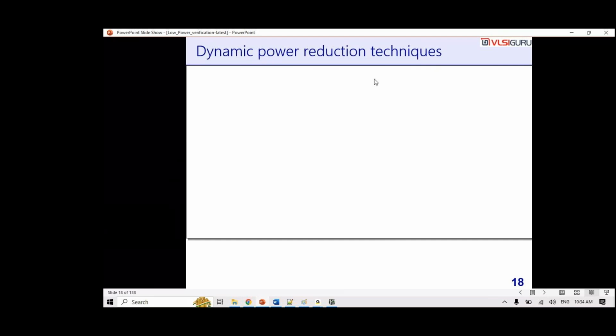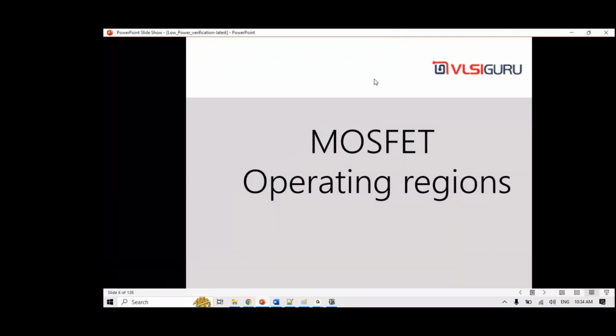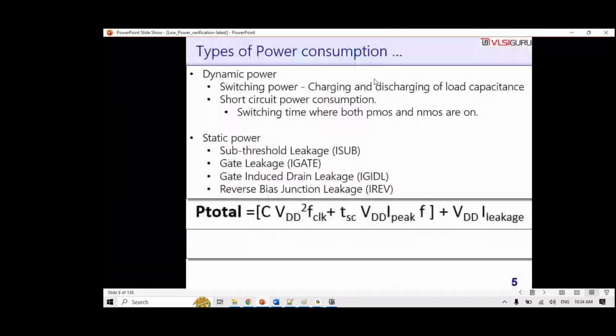So what do you think we can do to reduce the dynamic power? To understand that, you have to go to this equation. This is the dynamic power we are talking about. What are the factors that impact the dynamic power? Capacitance, of course, one thing.